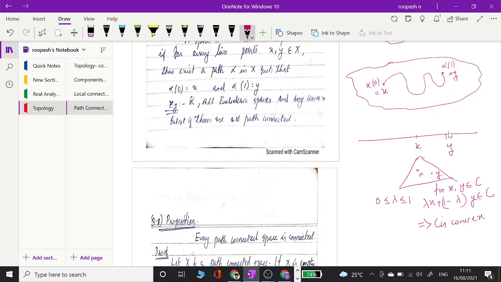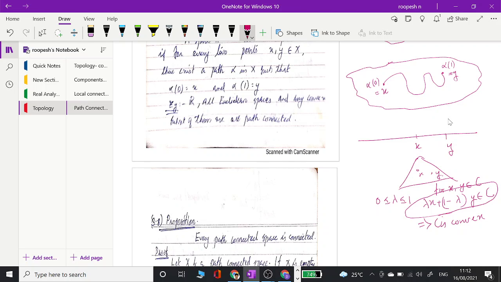The meaning of this is that all the points between x and y lie on the line connecting x and y, so that itself forms a path.